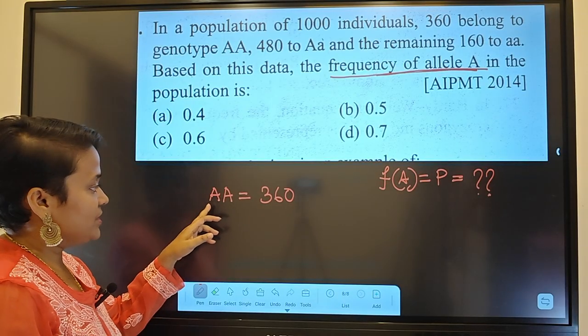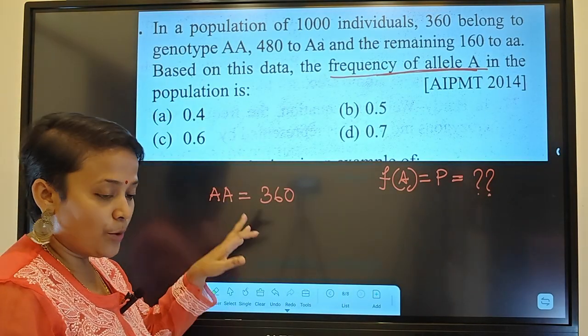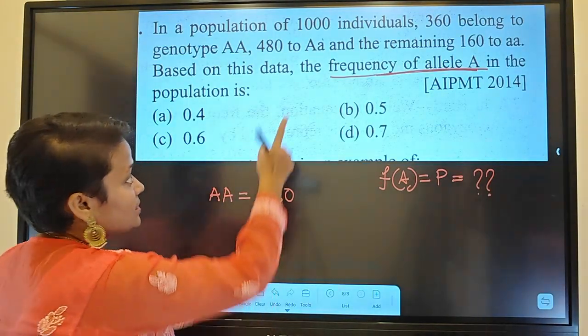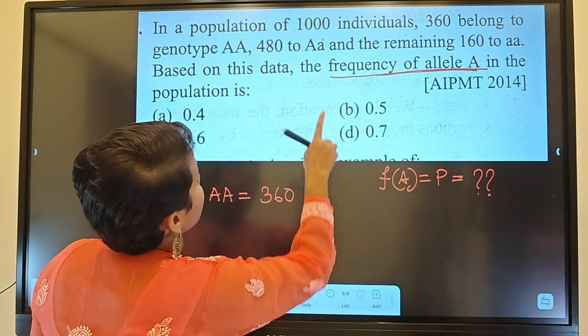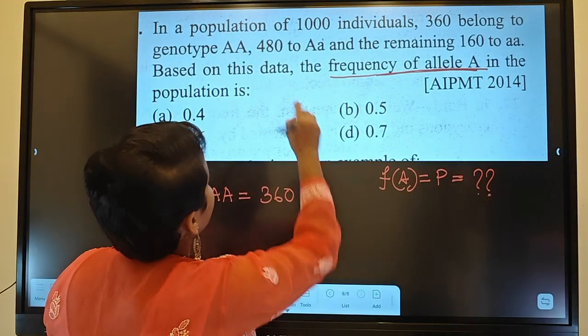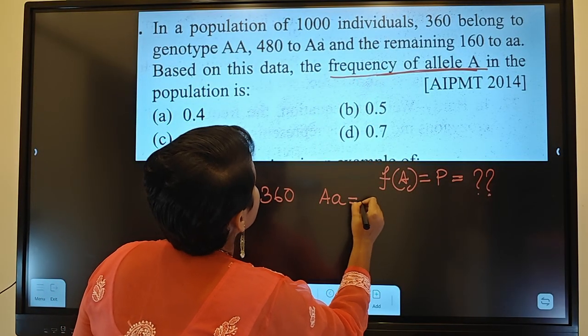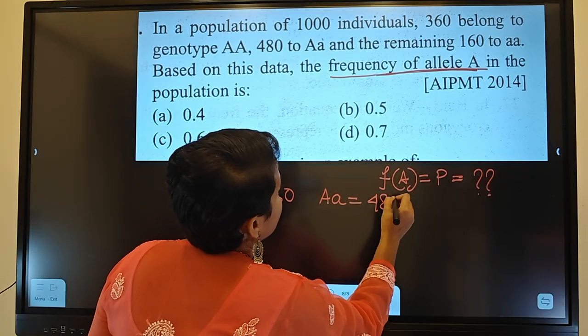In this population, the heterozygous, capital A small a, is 480.